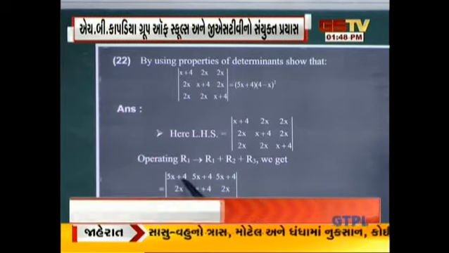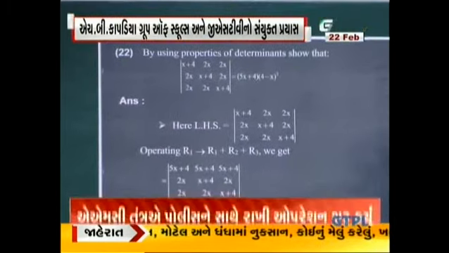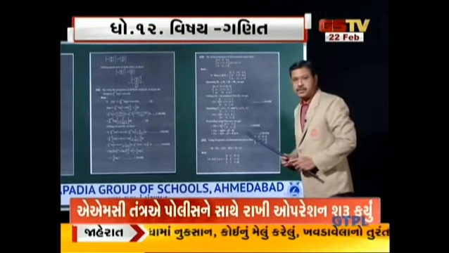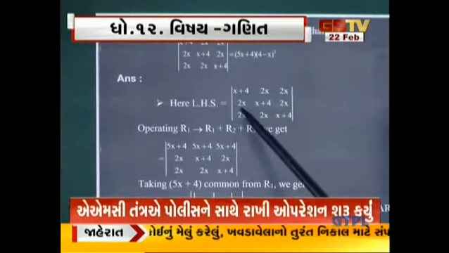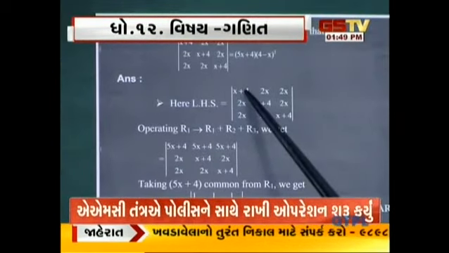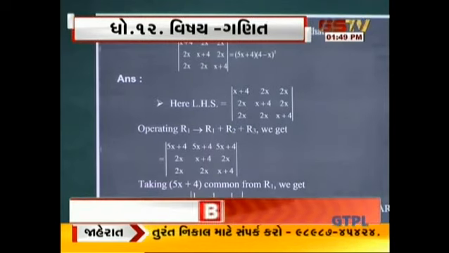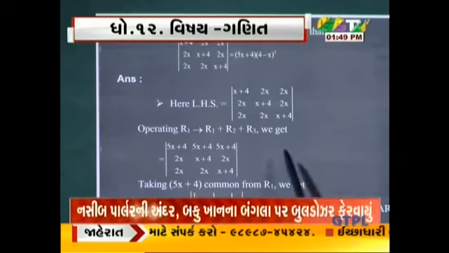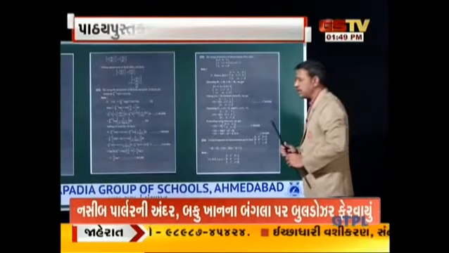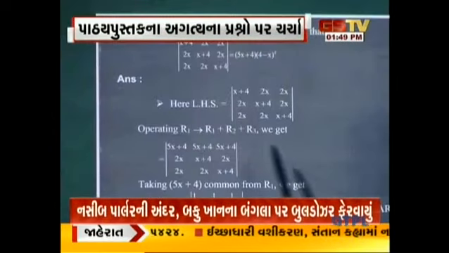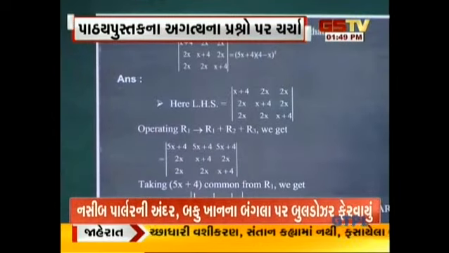So we get the result in the first row: 5x plus 4, 5x plus 4, 5x plus 4, since 2x plus 2x plus x gives the rest. So 5x plus 4 is common in the first row. Second step, from the first row we take common 5x plus 4.